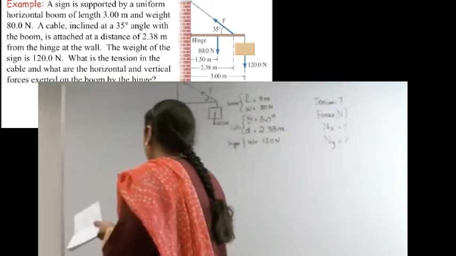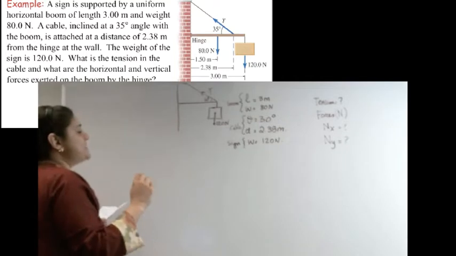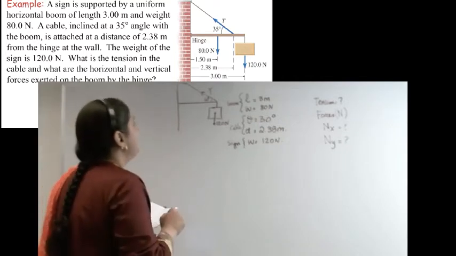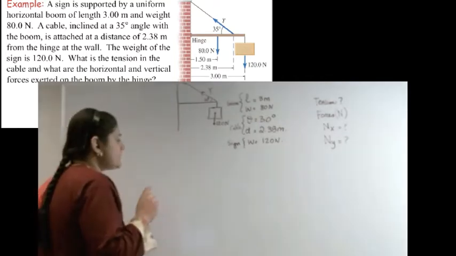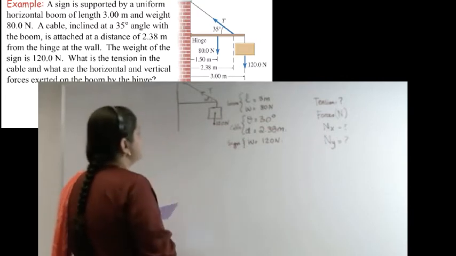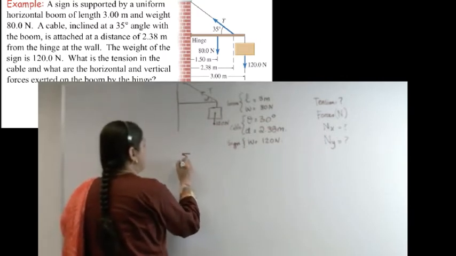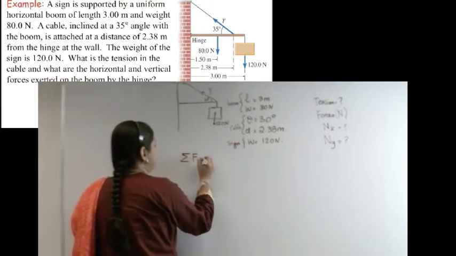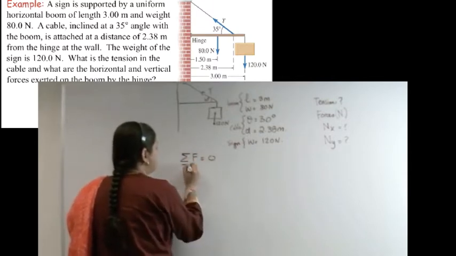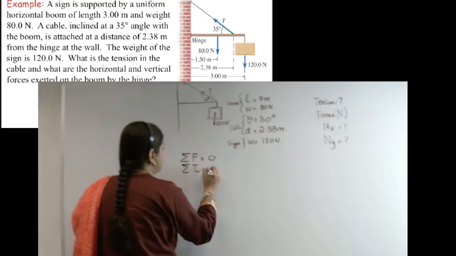Okay, so now that I know what my question is asking me, I can start tackling what I need to do. This system is in equilibrium. That means in order to fulfill this, I should have sigma F equal to 0, and sigma torque should be equal to 0.